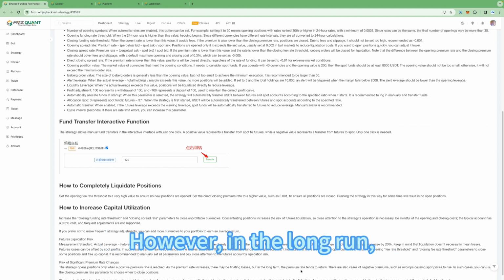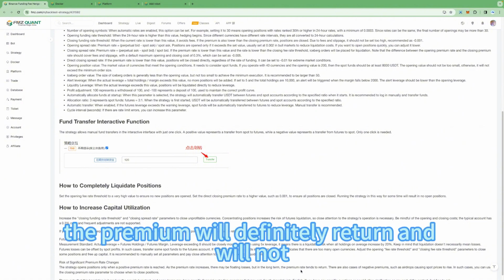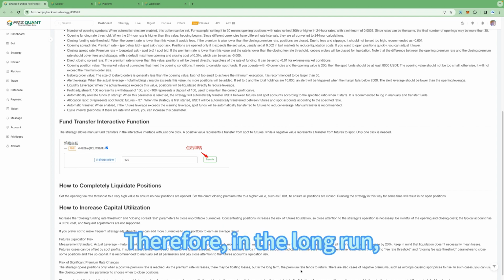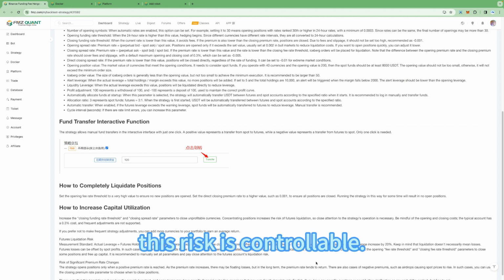However, in the long run, the premium will definitely return and will not last for a long time. Therefore, in the long run, this risk is controllable.